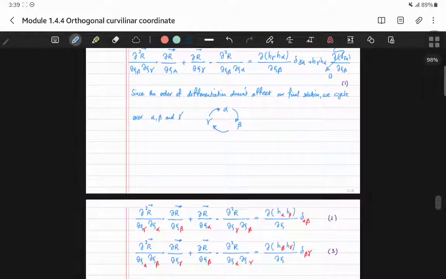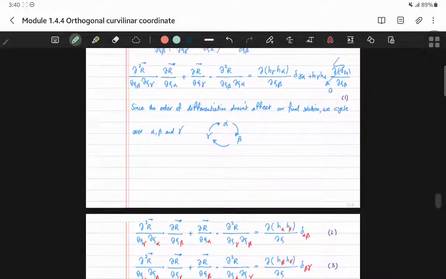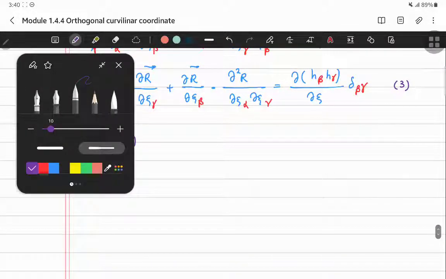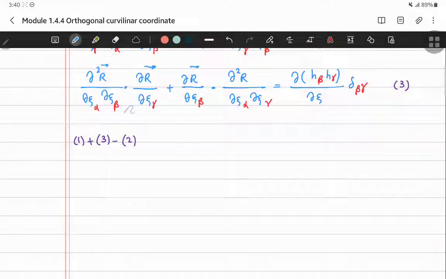Just zoom out again. You see that these two terms, this one and this one, will remain, and this and this will be removed. Perfect. So this one will remain: the second partial derivative of r with respect to z gamma dot.